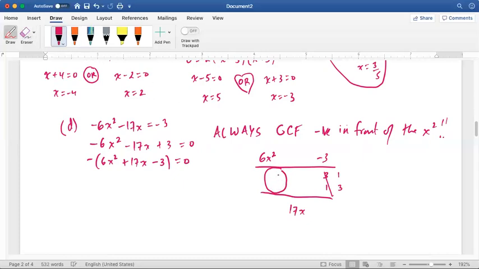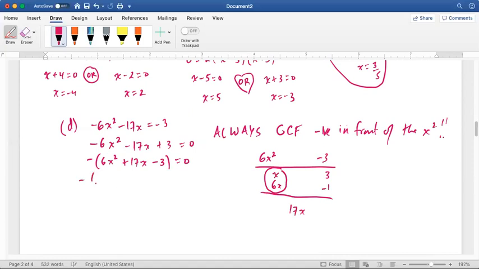Let's try 6x, or simply x and 6x. We do get 6x squared. When we multiply across and add, we get x and then 6. That's not really close to positive 17. But if we flip these back the other way, to 3 and 1, this way we get 18x, here we get positive x. We've got it, because remember, one of these needs to be negative because we need a product of negative 3 here.